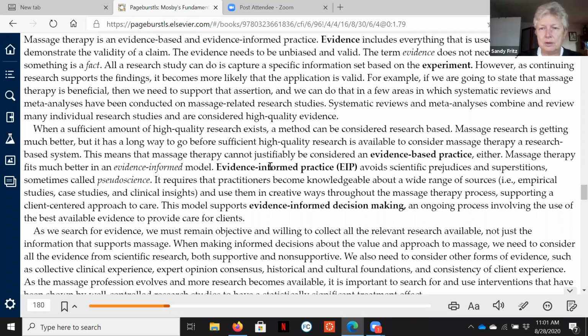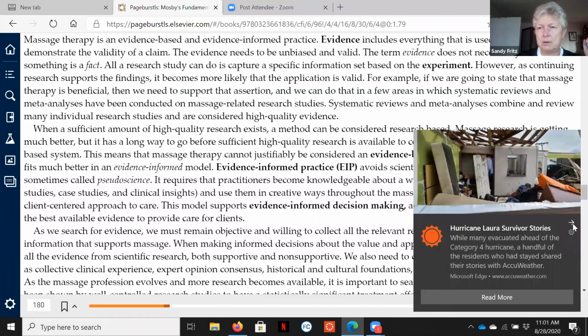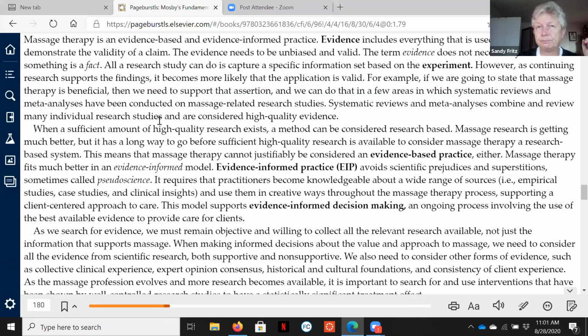And this is not an anecdote. This is not somebody saying, okay, I did this to somebody and this helped. Or a client is saying, I went to another massage therapist and this is what they did, and I want you to do that. All of that kind of stuff, that's more anecdotal. And like with subject matter experts, when there's an agreement among a group, as opposed to there being just one person's opinion, then that can start to be a reliable source of evidence.